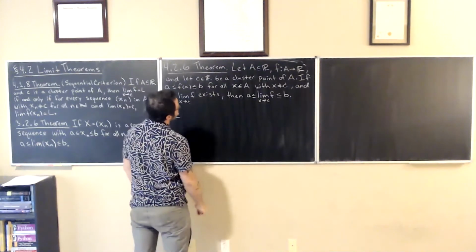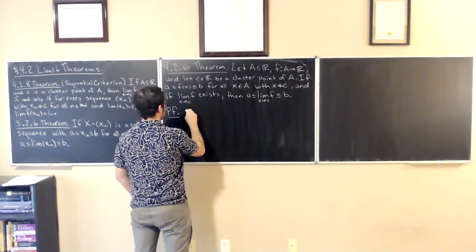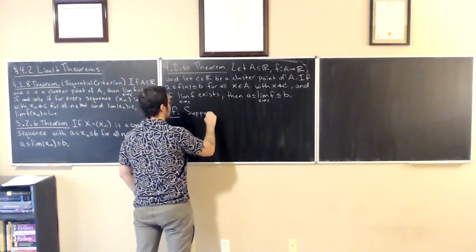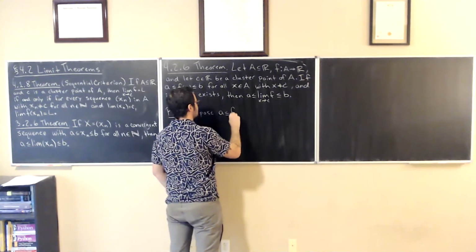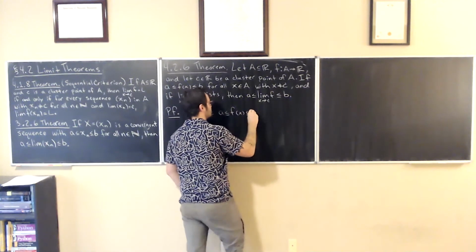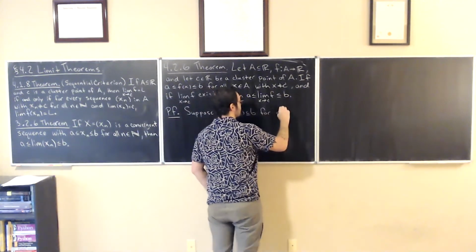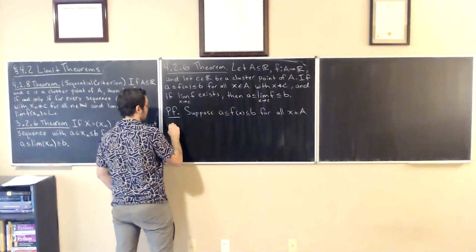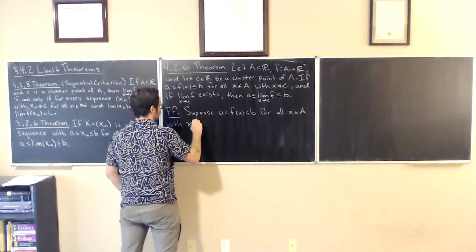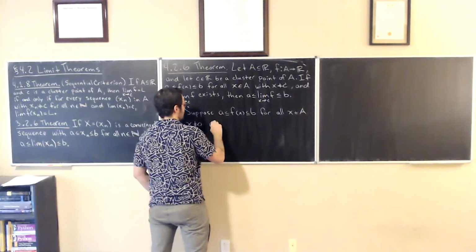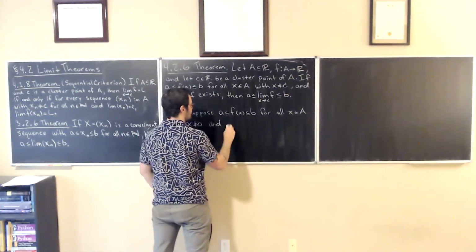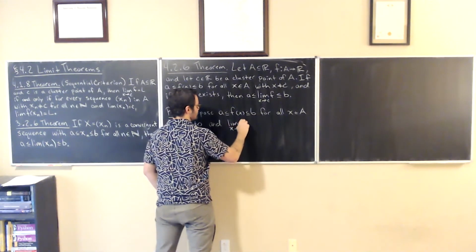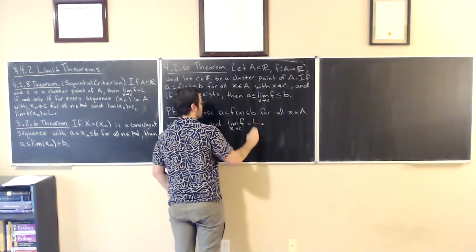So we're going to go ahead and say, suppose a is less than or equal to f of x, which is less than or equal to b, for all x in A with x not equal to C, and that the limit as x approaches C of f is equal to L. Okay.